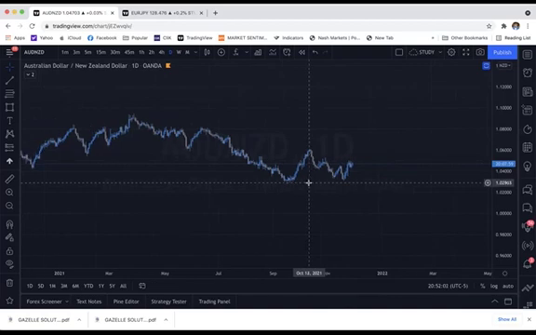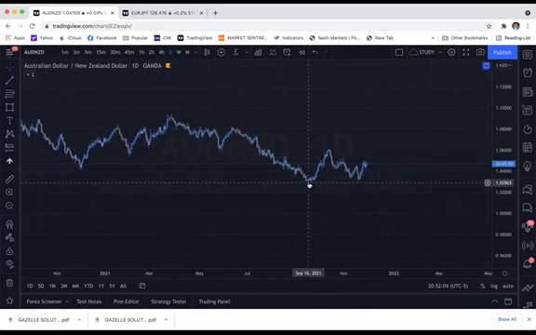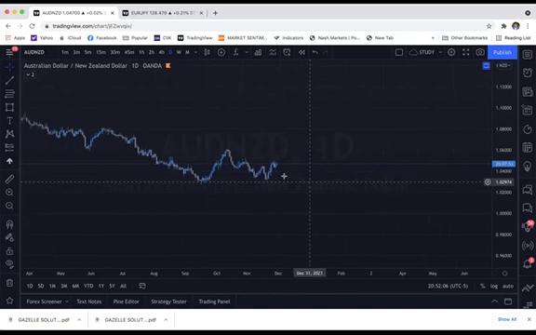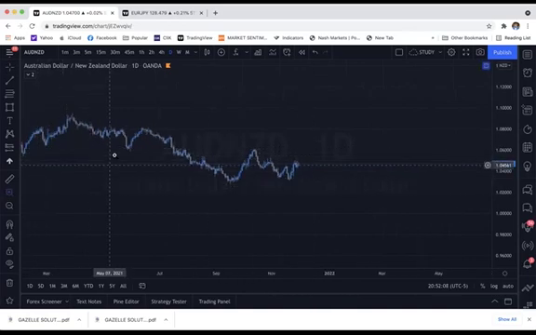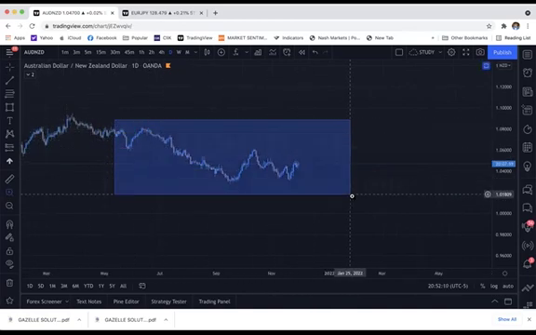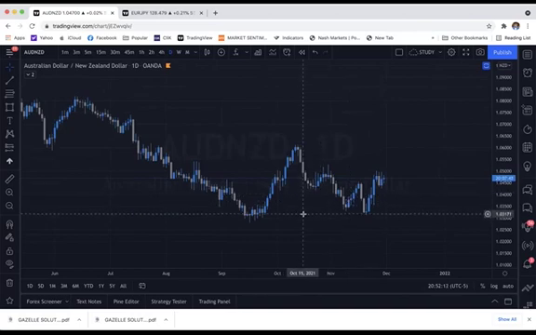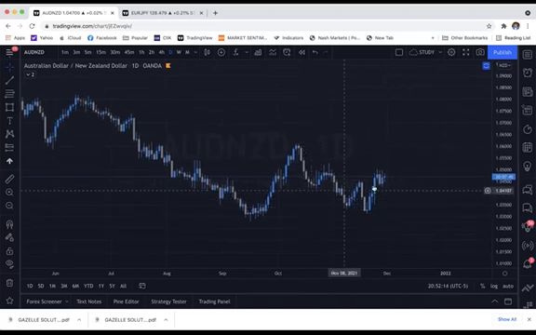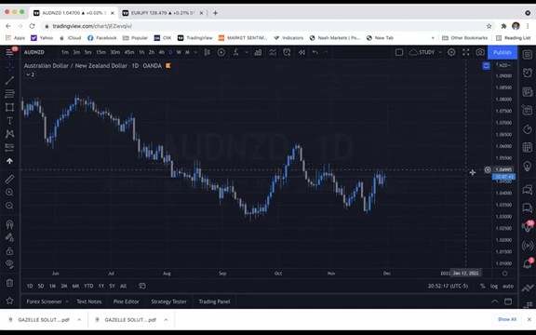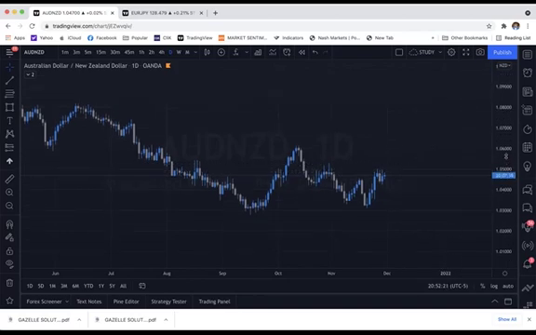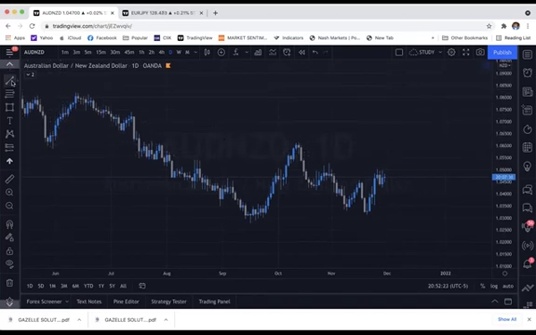I believe it's in the uptrend. Hold on, let me zoom in a little bit. From a major perspective, do you see it going down or going up? The major move is going down. I agree with you there.